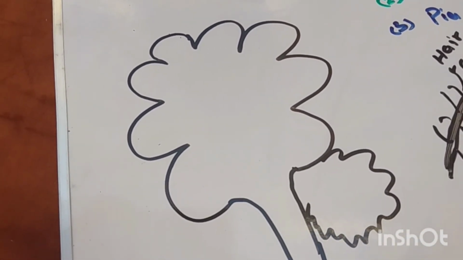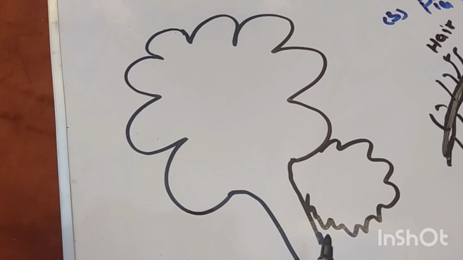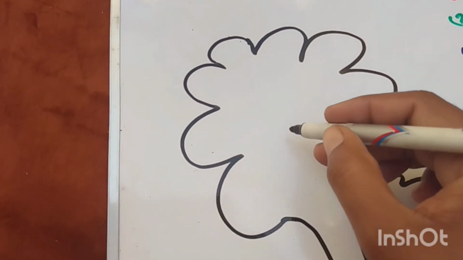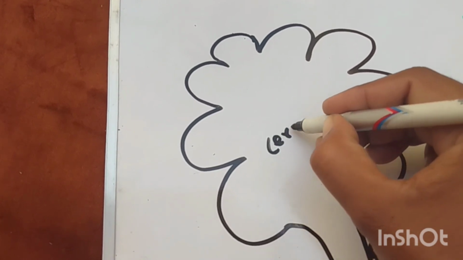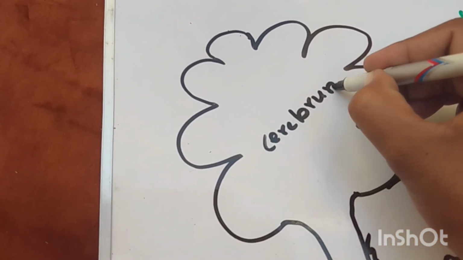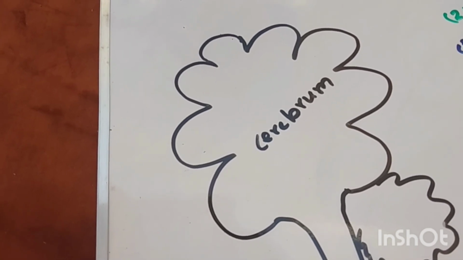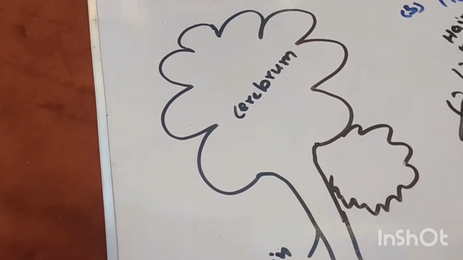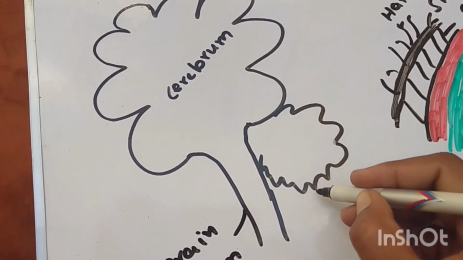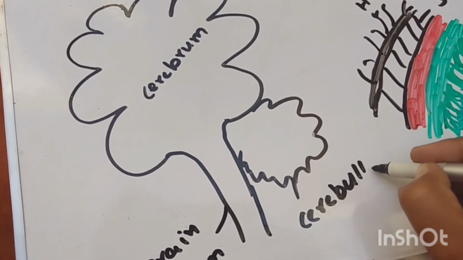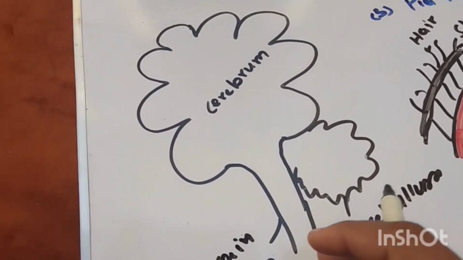So the brain consists of three parts: cerebrum, brain stem, and cerebellum.